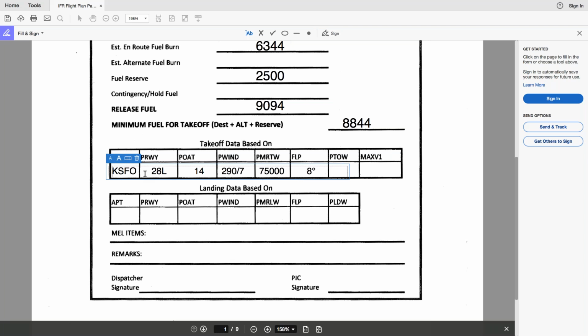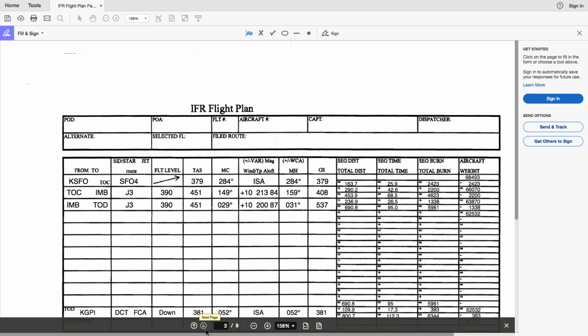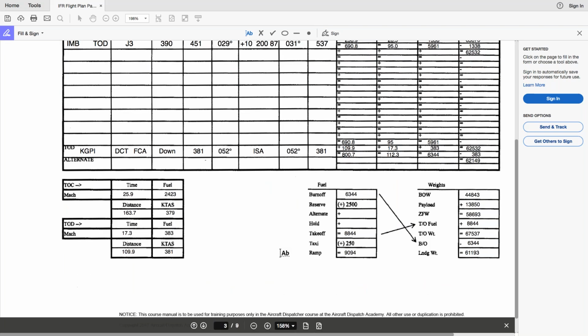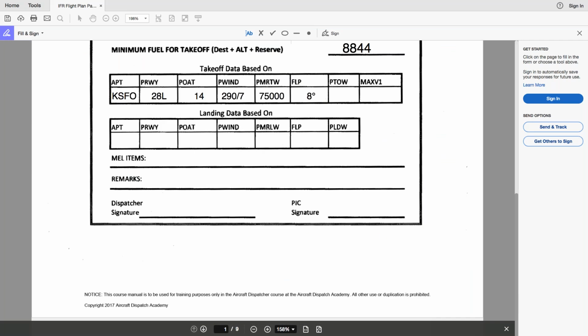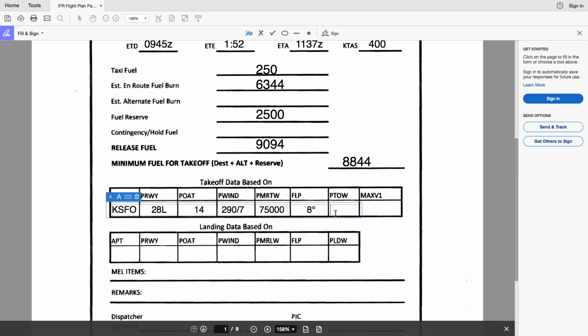Planned takeoff weight, what did we end up for our final number on that? Going down to this sheet, it gives us a takeoff weight. Yeah, so this is our actual numbers, so this is the chart we're going to use. So our planned takeoff weight, 67,537. Max V1 was that 128 knots we figured out already.